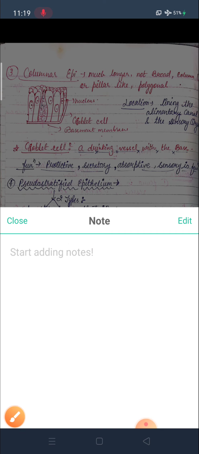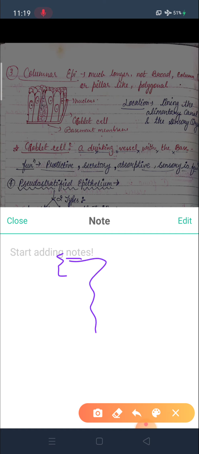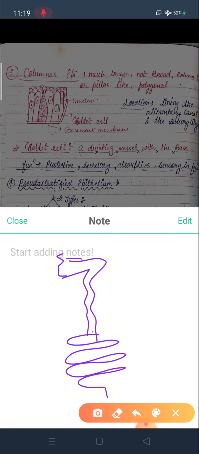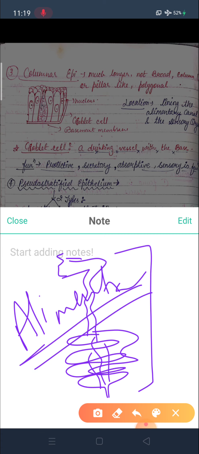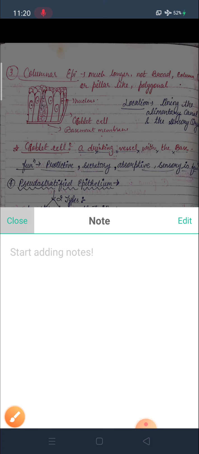We can say that alimentary canal is a pathway of the digestive system. This is the complete structure of alimentary canal. In digestive system, we will separately study alimentary canal.